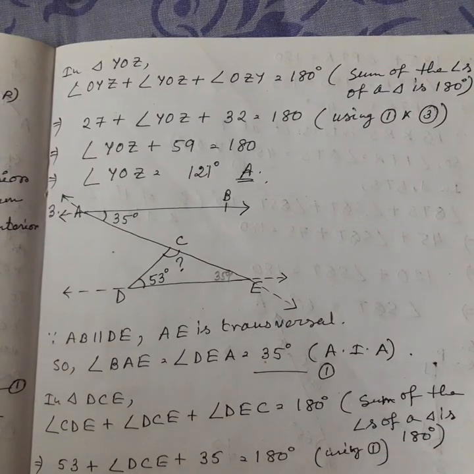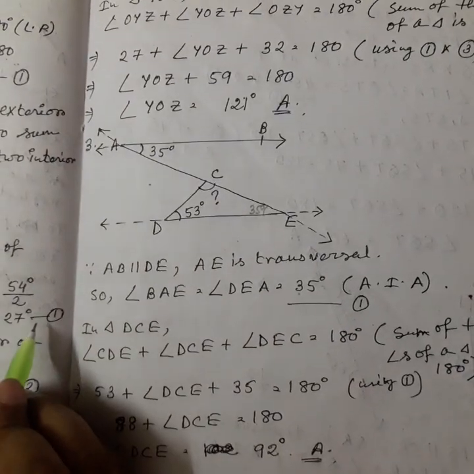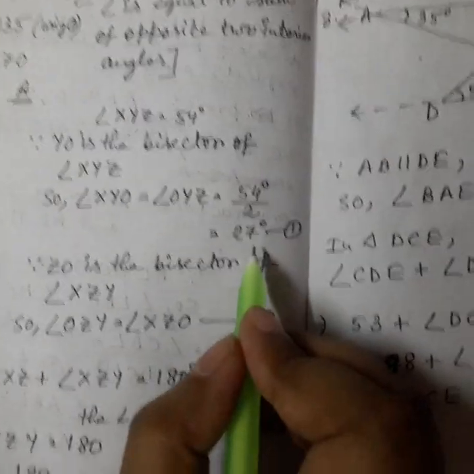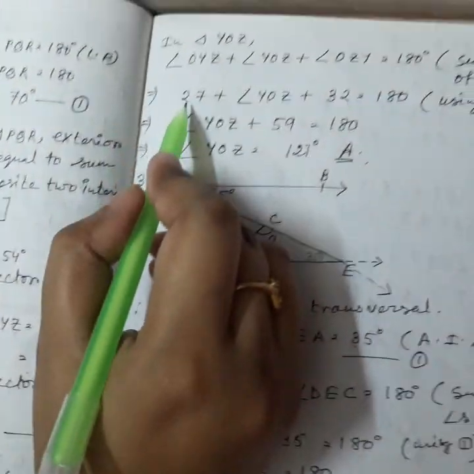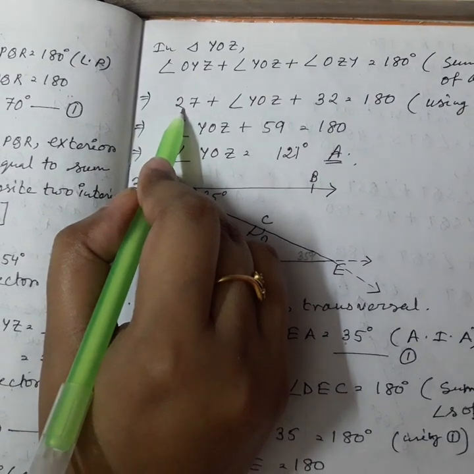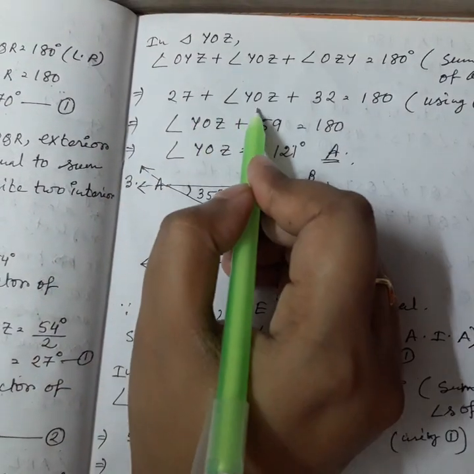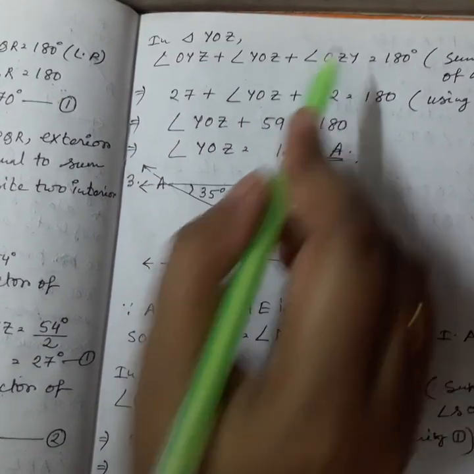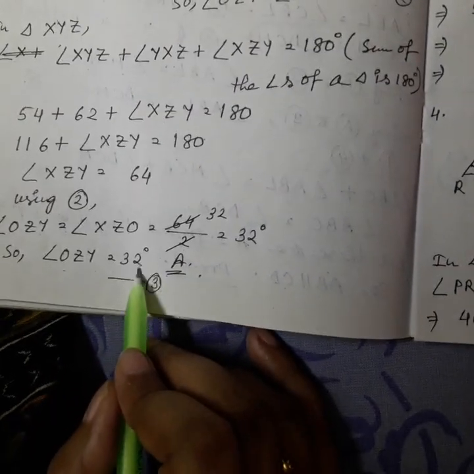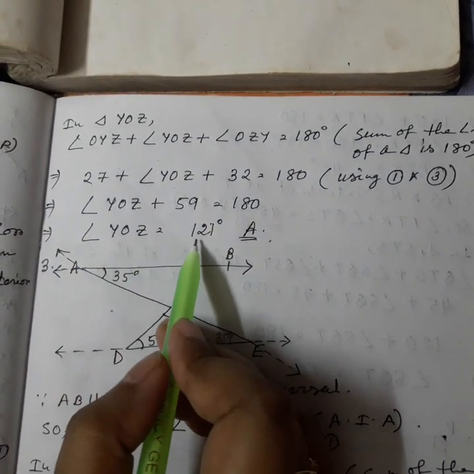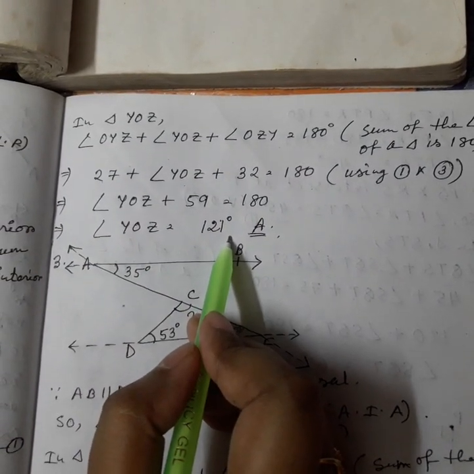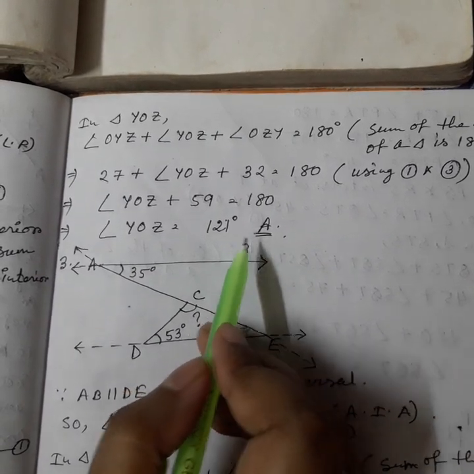OYZ we found to be 27 degrees using 1, so in place of OYZ we put 27. YOZ we have to find, and OZY by 3 is 32, so we put 32 using 1 and 3. So YOZ comes to 121 degrees. That will be the other answer. Okay, two left.